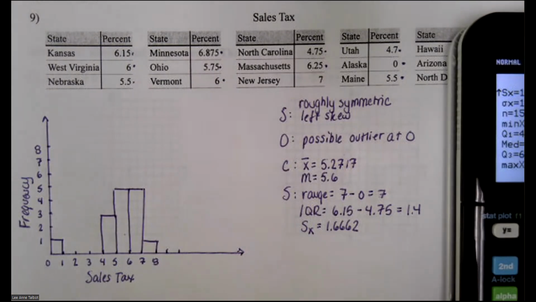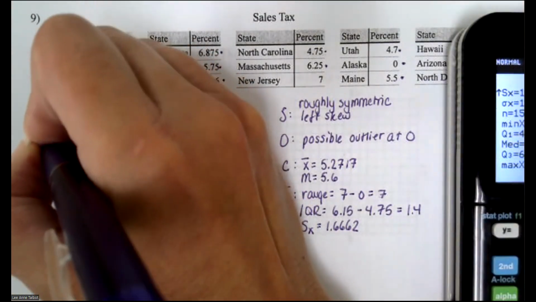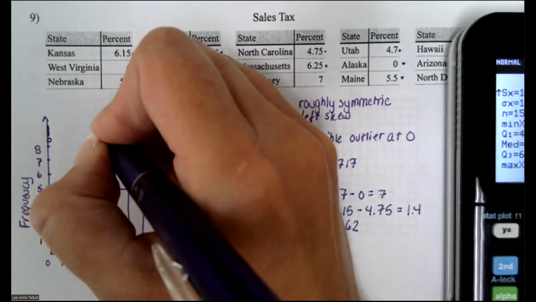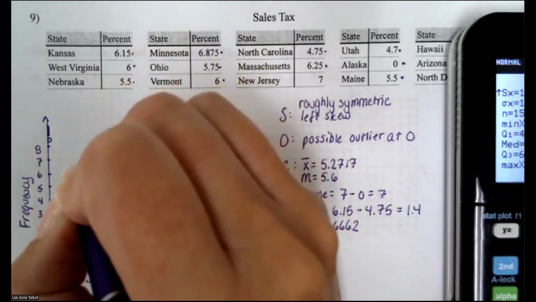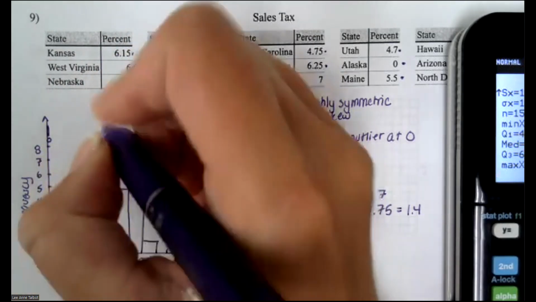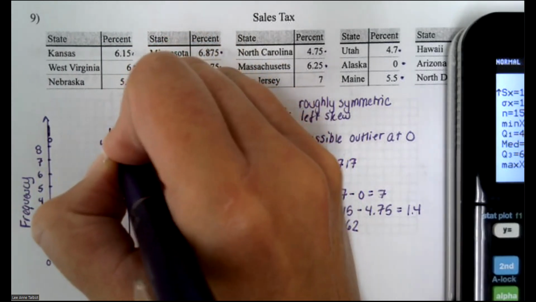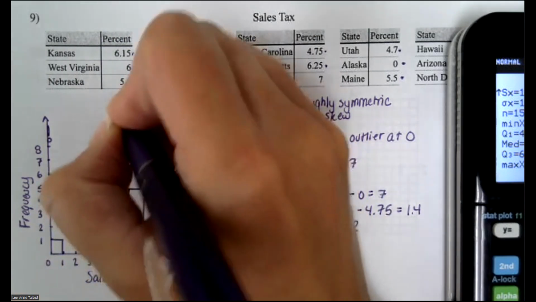All right, last thing, I gotta do the box plot. So 0, 4.75, 5.6. Oh, geez.